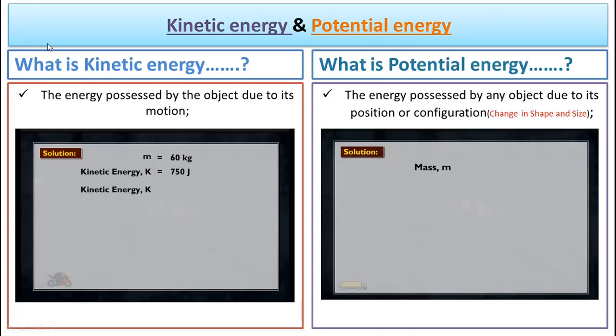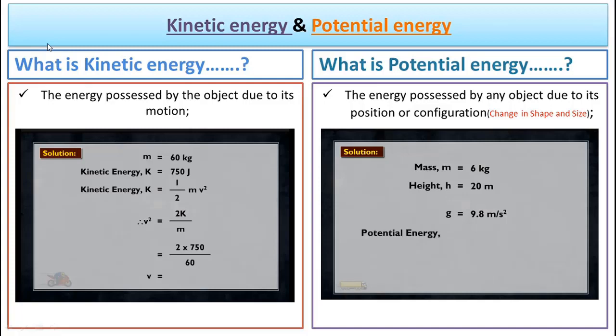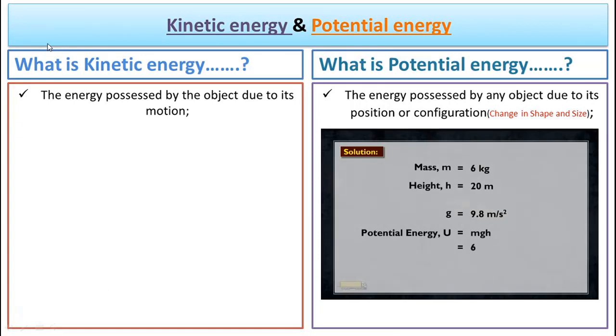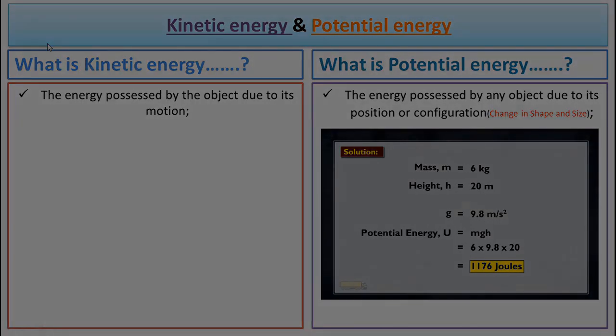Given mass m is equal to 6 kg, height h is equal to 20 meters. Gravitational acceleration is equal to 9.8 meter per second square. Therefore, potential energy U is equal to mgh, equal to 6 into 9.8 into 20, equal to 1176 joules.